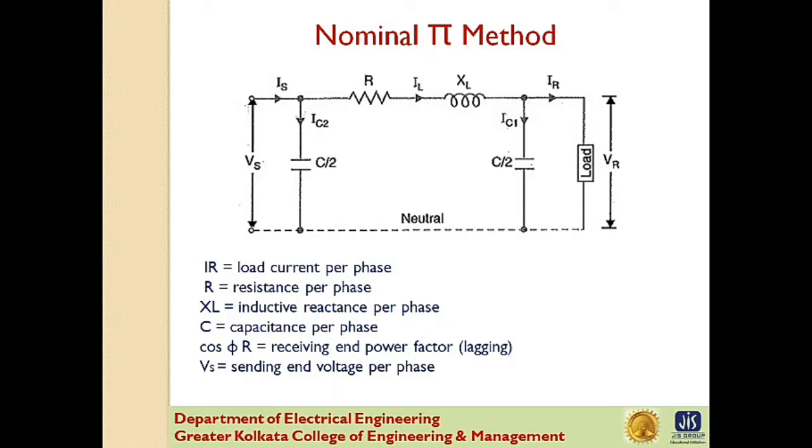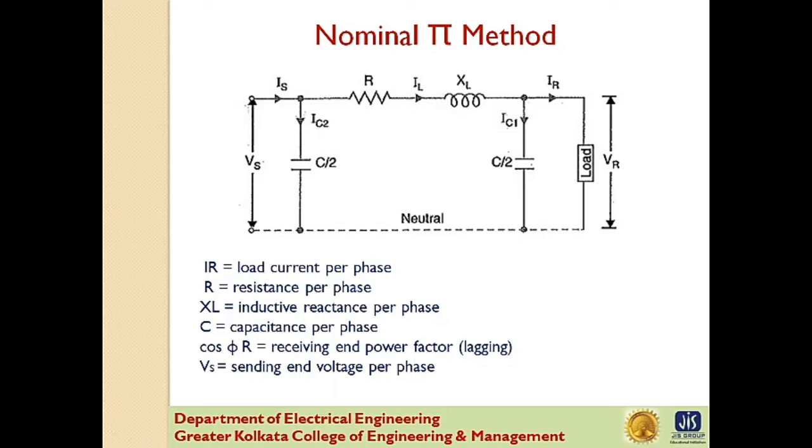Now in the nominal pi method, the capacitance of each conductor, that is line to neutral, is divided into two halves. One half is lumped at the sending end and the other half at the receiving end. You can see in this picture the first half lumped at the sending end and the other half lumped at the receiving end.